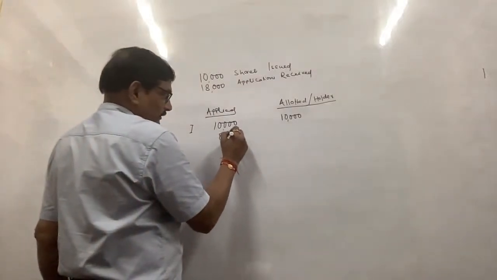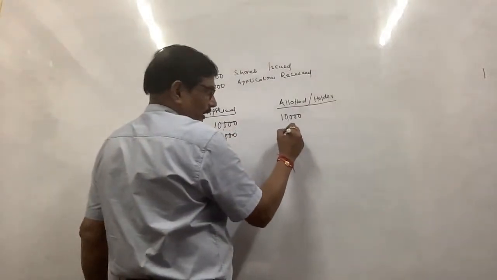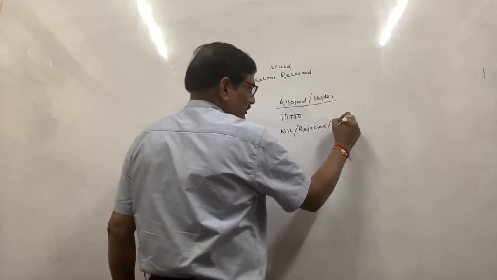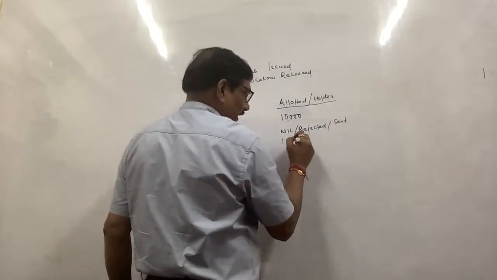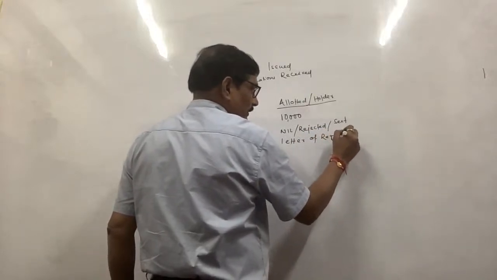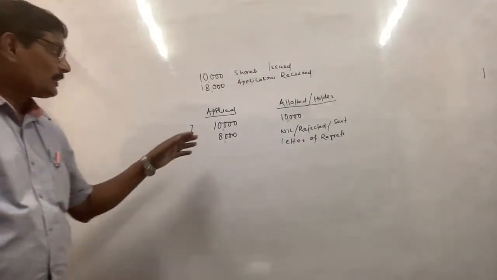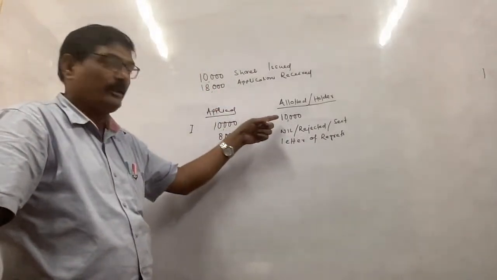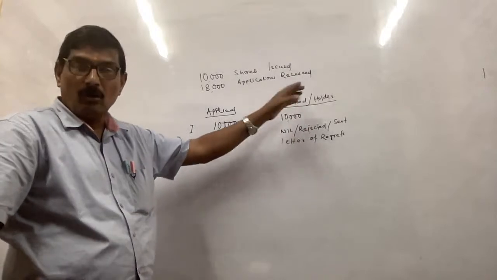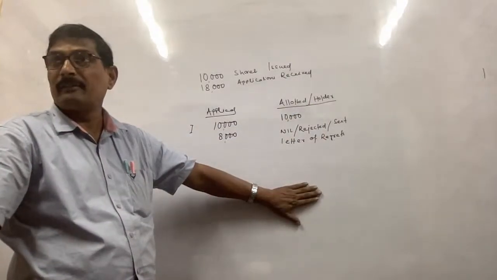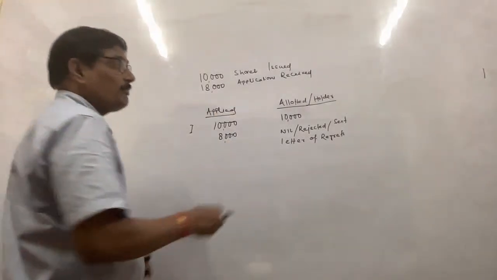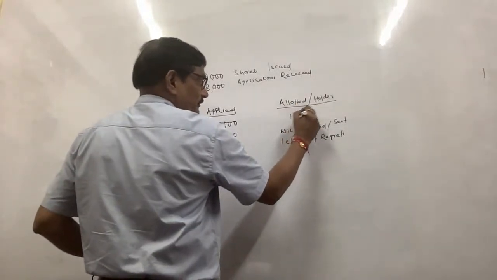Applied for 8,000, nil, or rejected, or sent letter of regret. These are the wordings. Applied for 10,000, allotted 10,000. Applied for 8,000, nil or rejected or refunded or sent letter of regret. Now this 10,000 we have written as 10,000, it may be given as 100%, meaning the same.